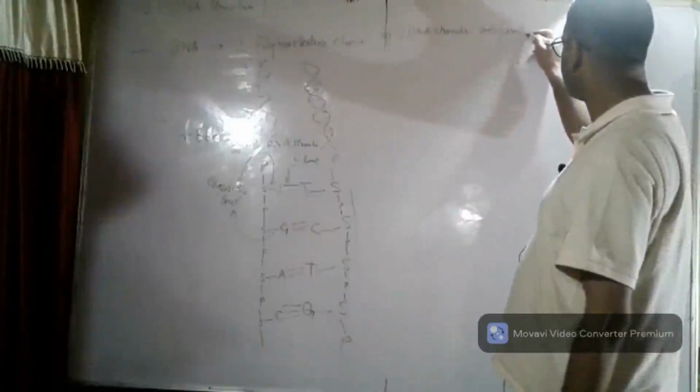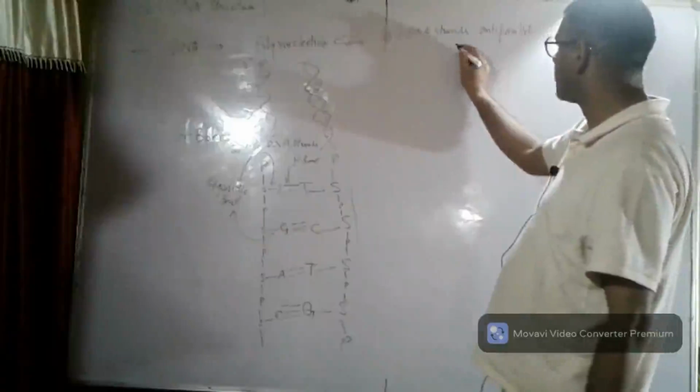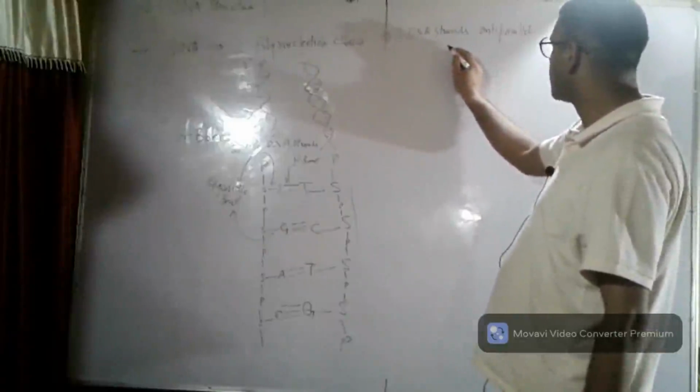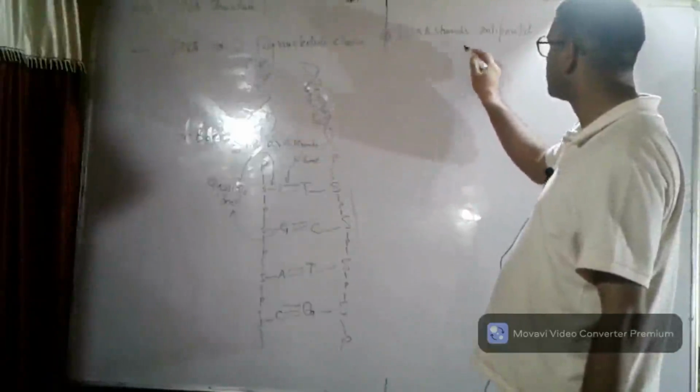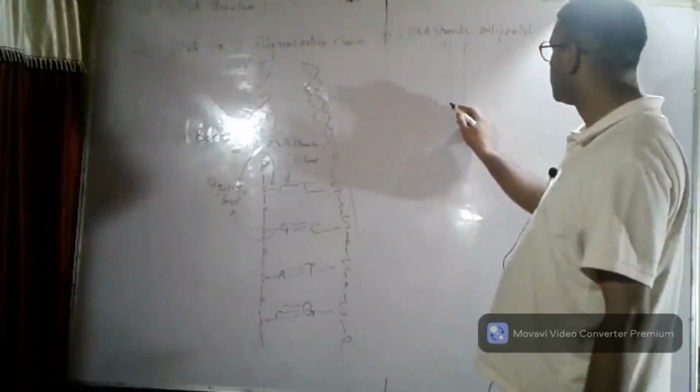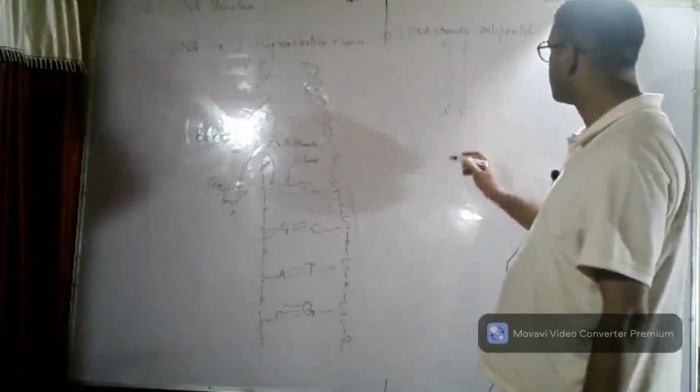What does it mean? It means that we have two strands. This is one strand, this is another strand. This would be 5 dash, this would be 3 dash, this is 3 dash, 5 dash. What does this mean?